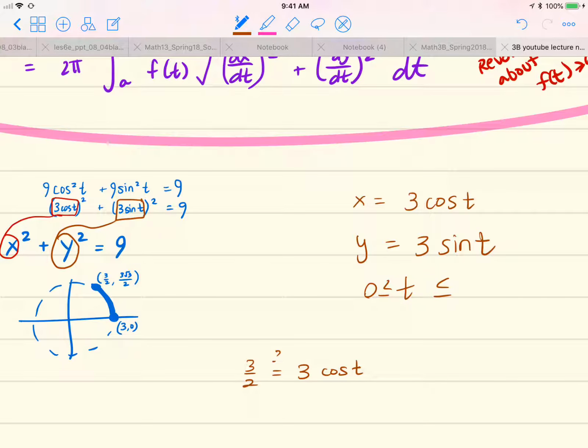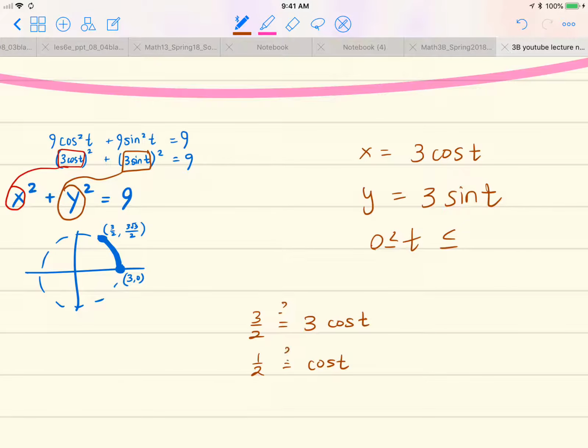We've got to solve for t. So that means 1/2 is going to be cosine t. And what is t going to be? Turns out t is going to be pi over 3. So make sure you have your unit circle. That's how we'll know that t is going to be in between 0 and pi over 3.